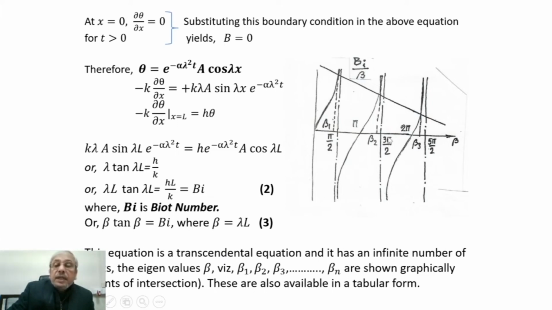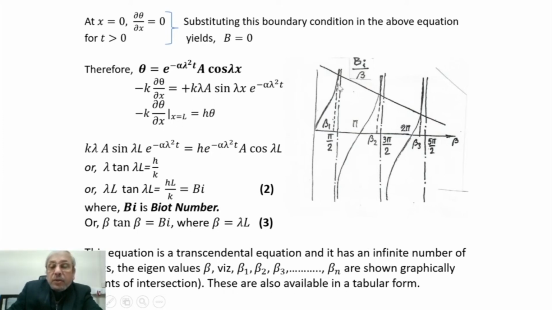You can see this is basically the tan beta versus beta plot, and the eigenvalues are beta 1, beta 2, beta 3. These are the points of intersection with this line Bi by beta.